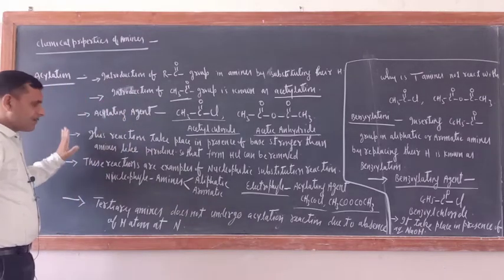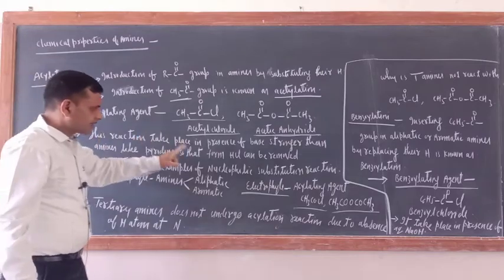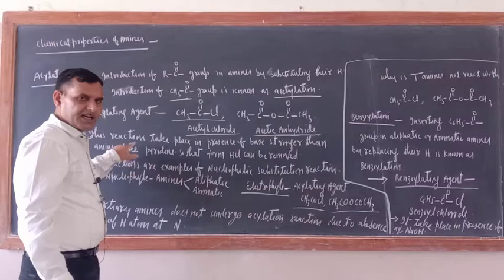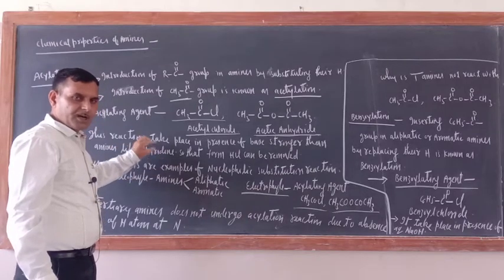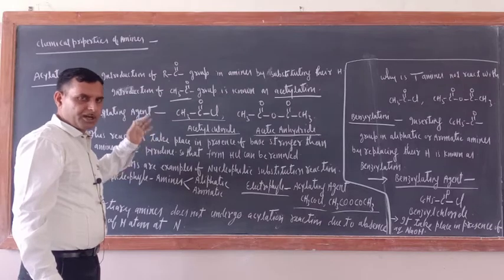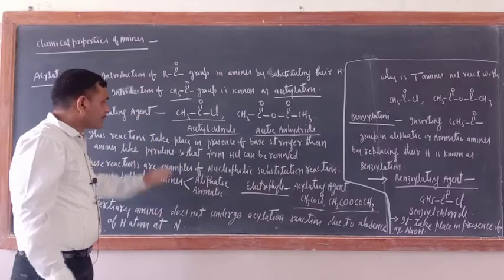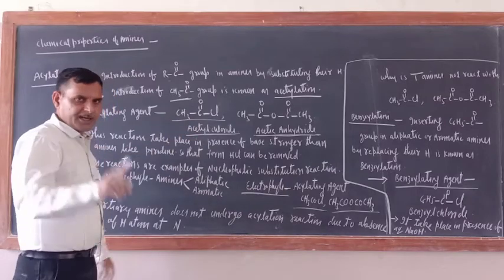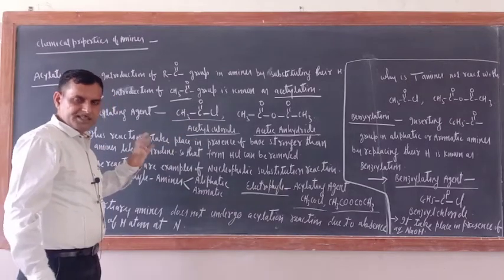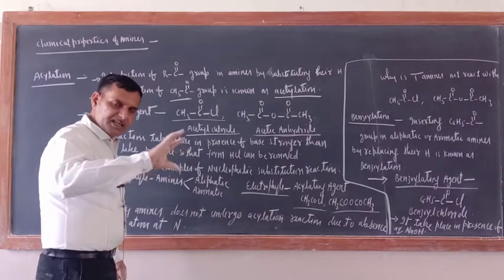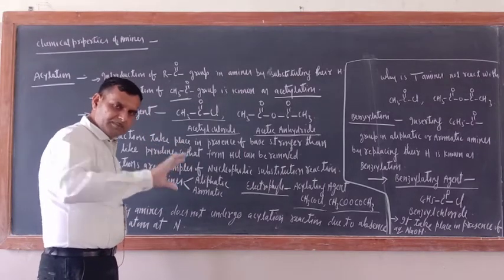Okay. Always remember, this reaction takes place in presence of a base stronger than amines, like pyridine, because during the course of this reaction, when 1 degree, 2 degree, 3 degree amines react with acetyl chloride or acetic anhydride, one of the products would be HCl, and this reaction is an example of an equilibrium reaction.